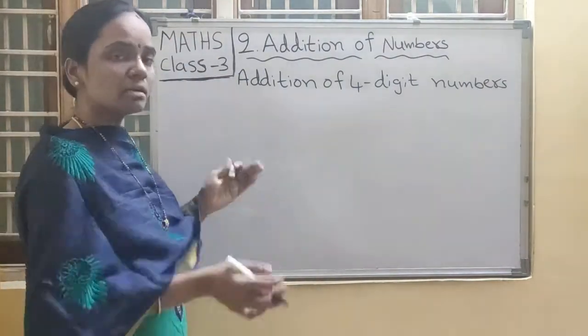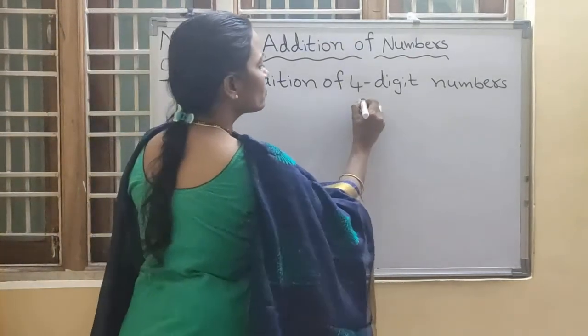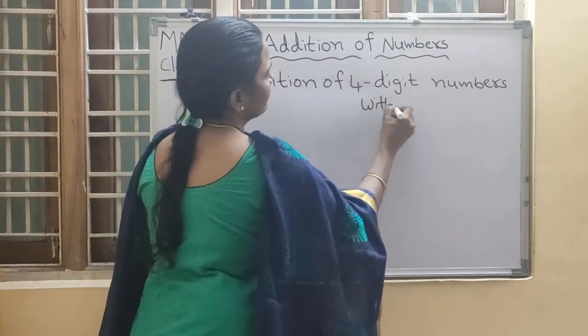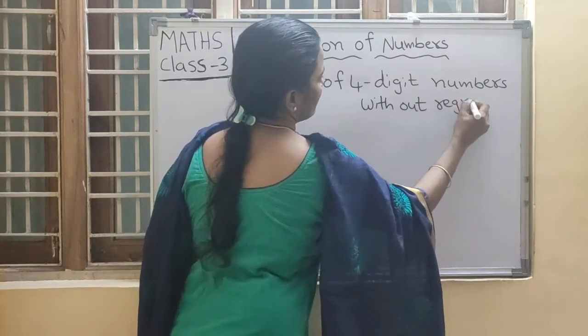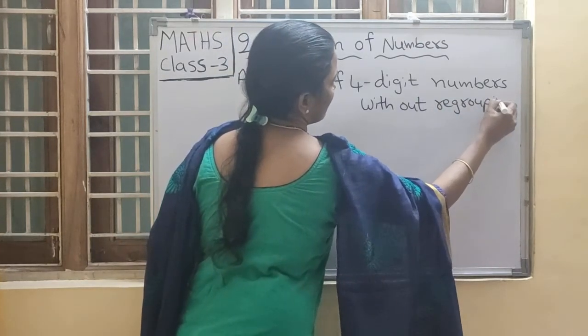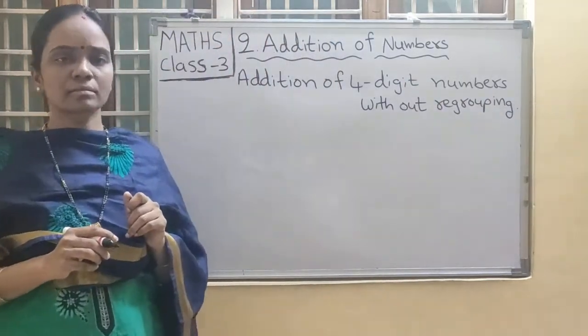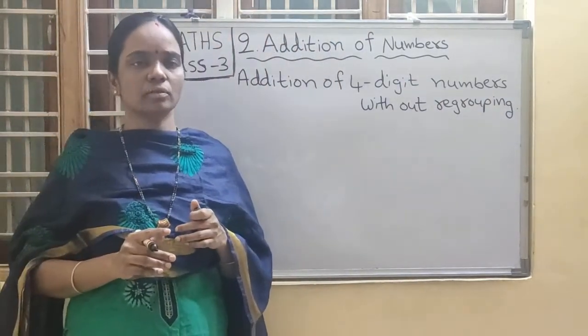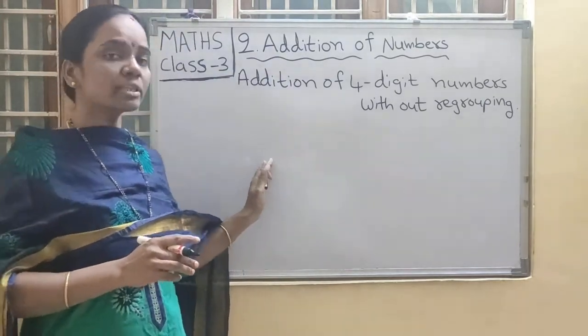First we are going to learn about addition of 4-digit numbers without regrouping. Without regrouping means no carryovers. If you don't have carryovers, that is the addition without regrouping.